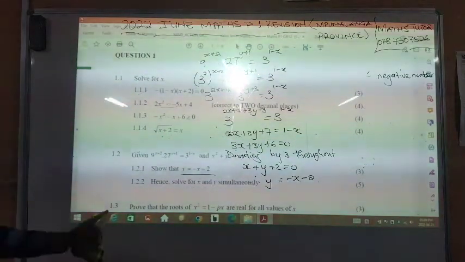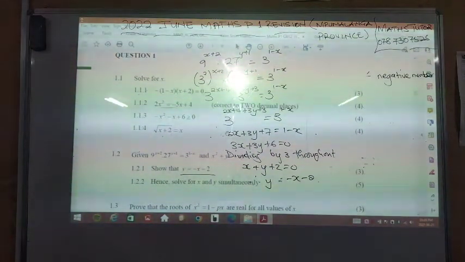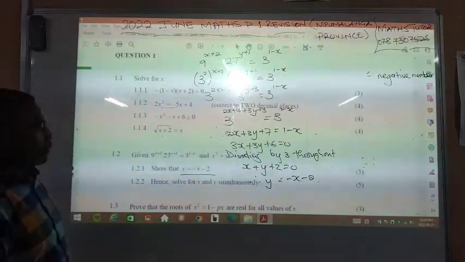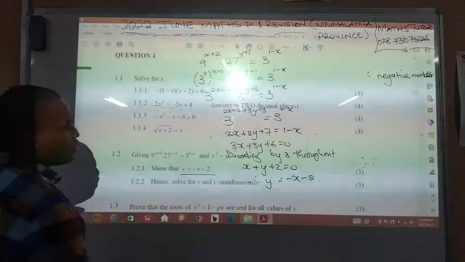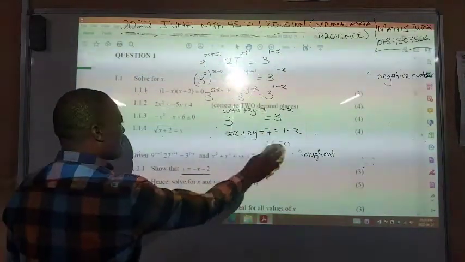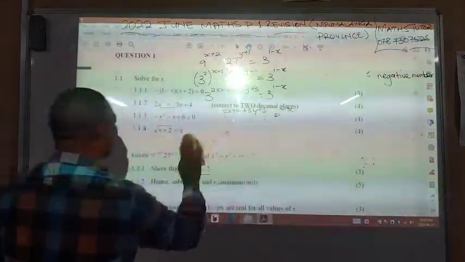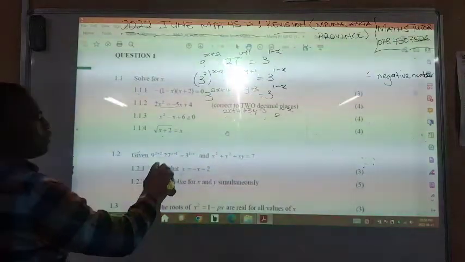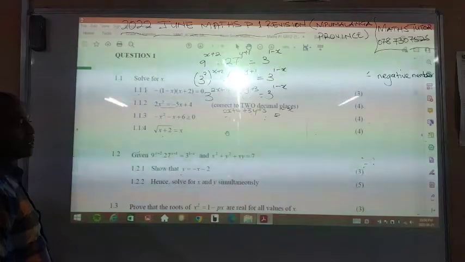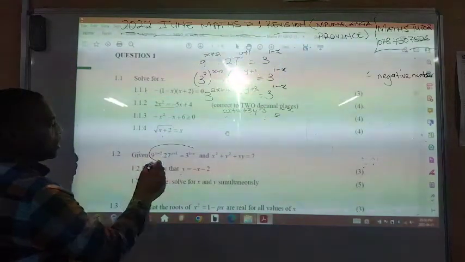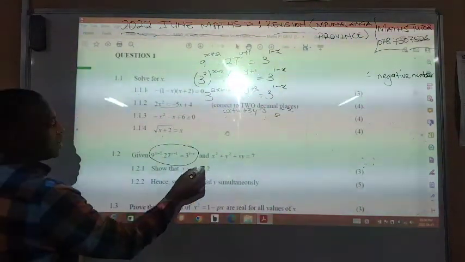And then moving on to 1.2.2, hence solve for x and y simultaneously. Now, when you are asked to solve, don't go back to the given equation which they've asked you to simplify. It means this equation simplified is this one.